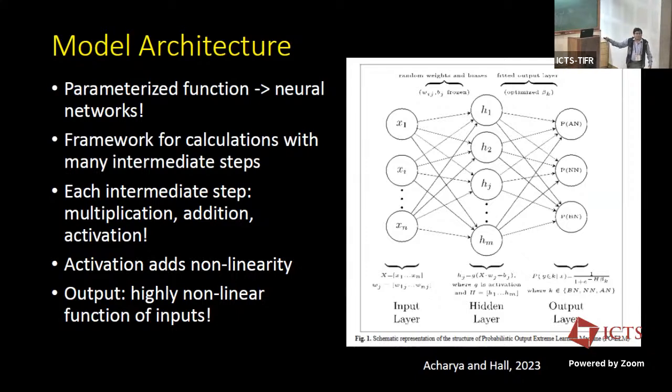If the weights are provided in a certain way, it may mean one thing. If the weights are provided in a different way, it may mean something else. So there are some specific types of structures one can impose on these neural networks, which force each intermediate result to simulate one mathematical operation which is well known.